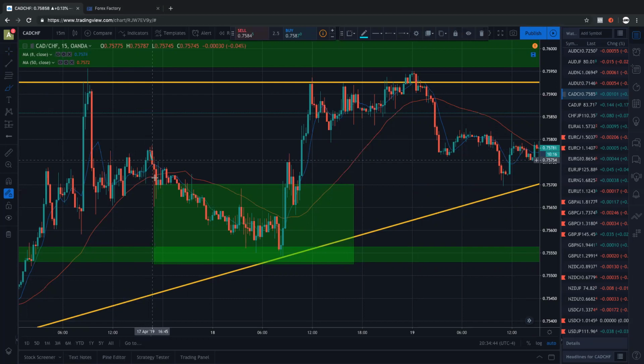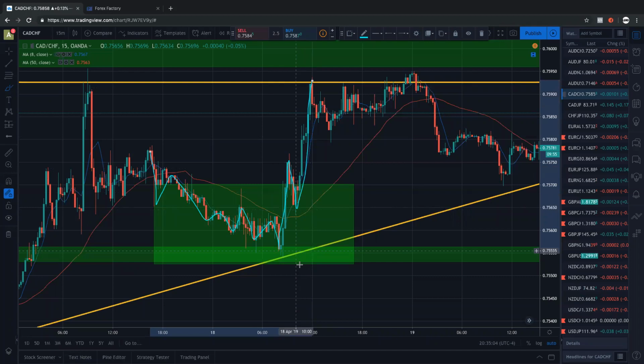So we have a low, a high, a lower low, lower high, lower low. We had a high, but then we had another lower low, lower high, lower low, and then we had this take place. Boom, boom, boom, right? On the 15-minute, this is what you're looking for here.